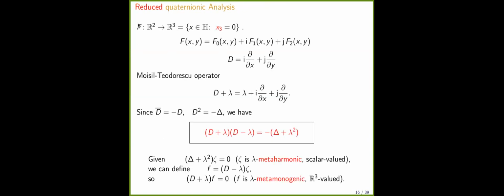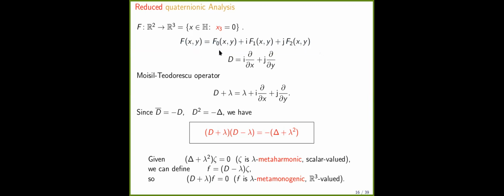So I want to talk about that, but I want to change the context a little bit more. And for the rest of the talk, I will be talking about functions that take their values in R3 instead of R4. I'll call them reduced quaternionic functions, or functions that take values in reduced quaternions, where the last component is equal to 0. So now we have functions of 2 variables, and there are 3 functions.